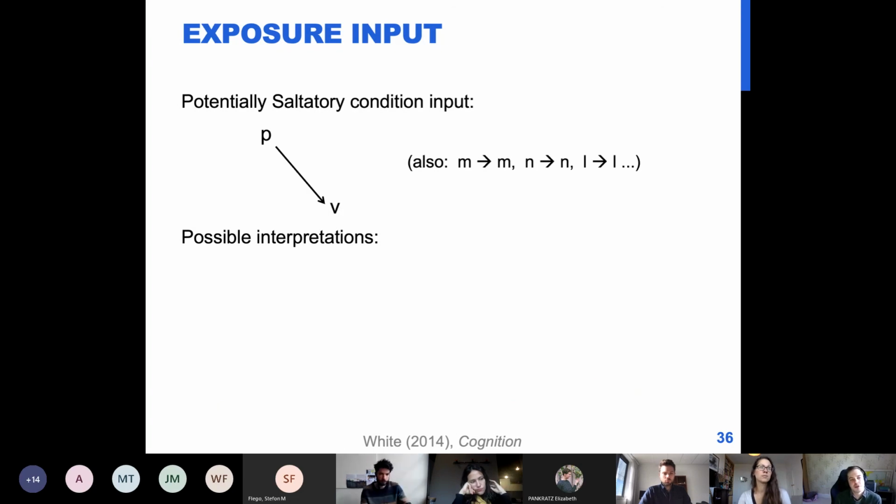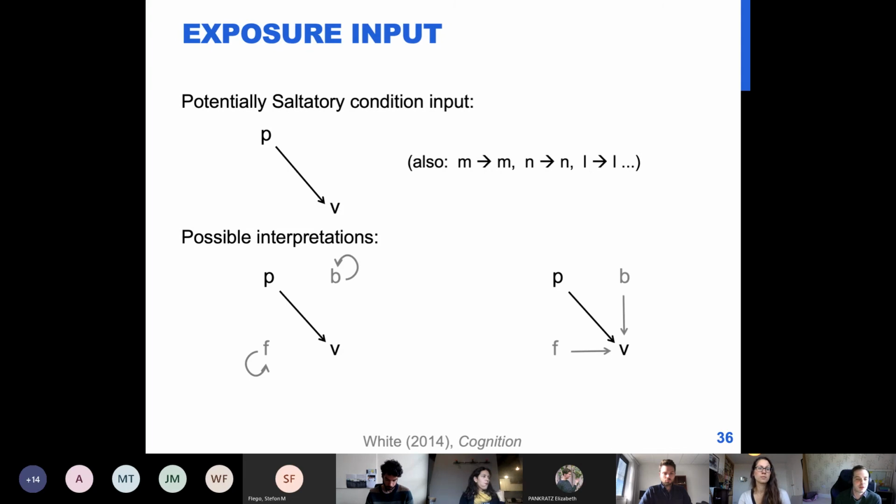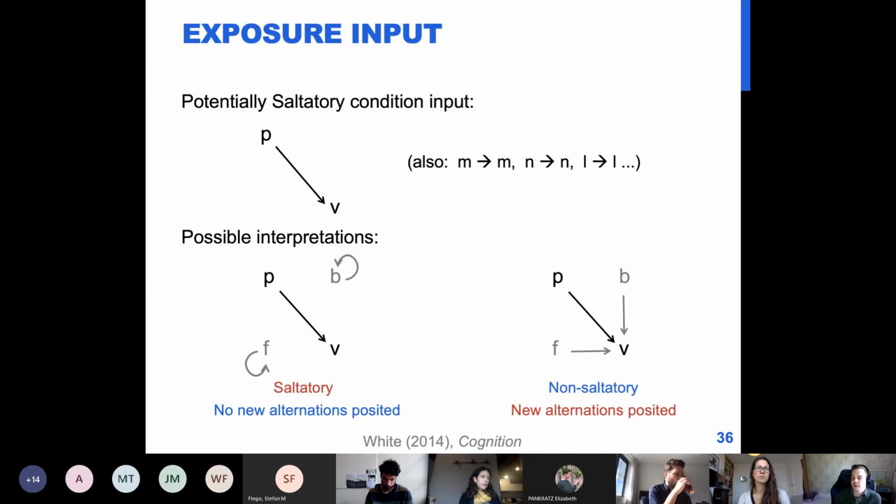In the potentially saltatory condition, however, people have the same sort of interpretations they could make, but here the situation is a bit different. Here, the system that you have on the left is this saltatory condition, which by hypothesis is dispreferred, whereas the system on the right is non-saltatory.